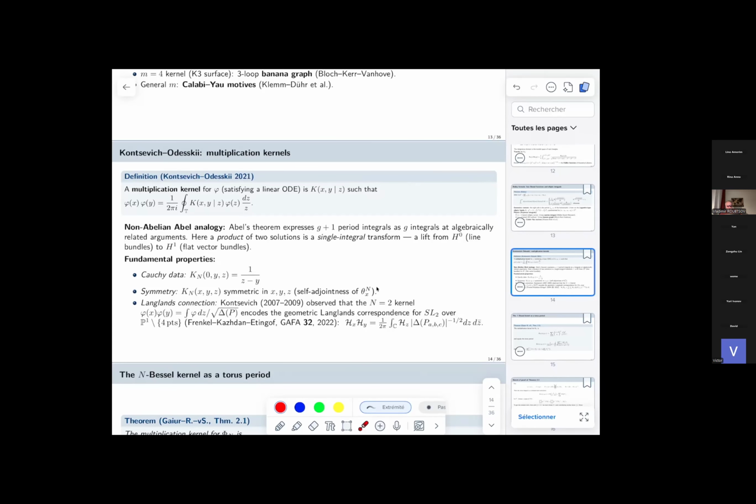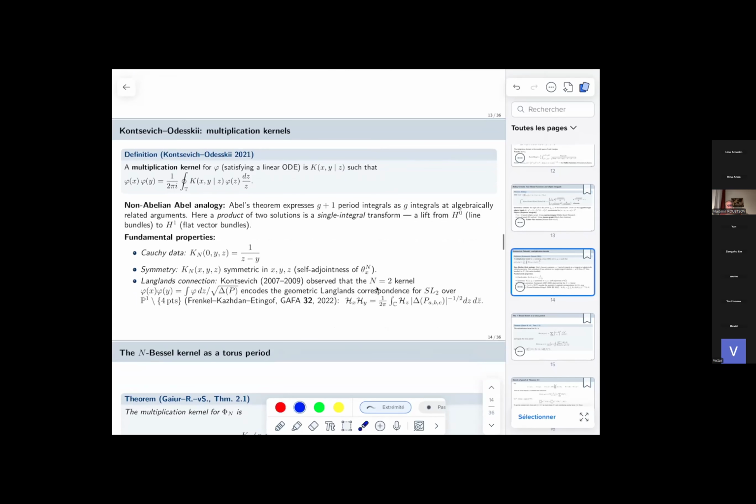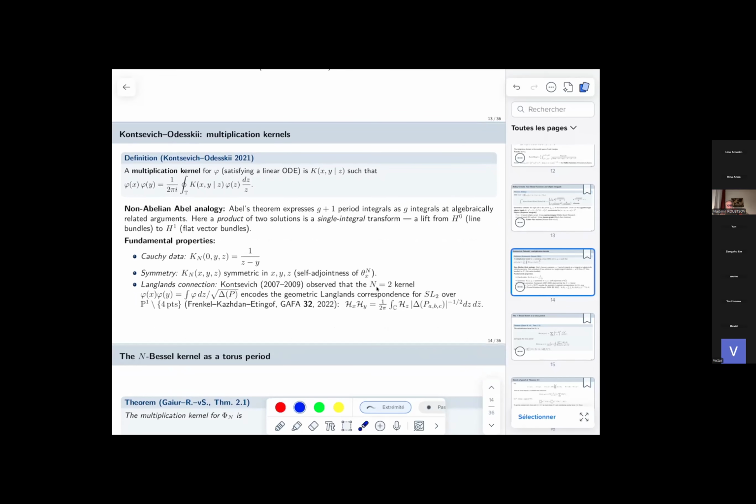Exactly, this is composing the correspondence associated with that kernel. Ah, good.